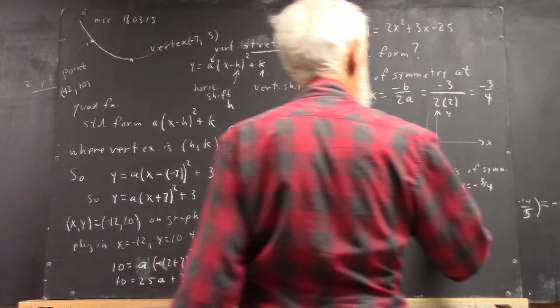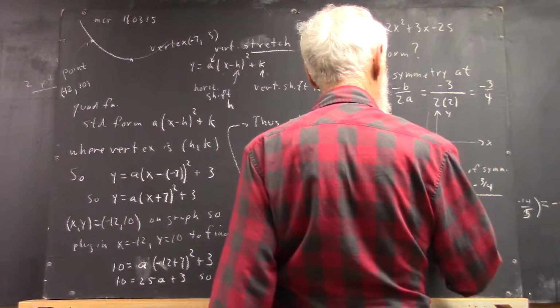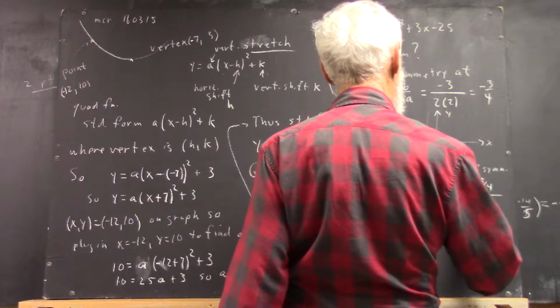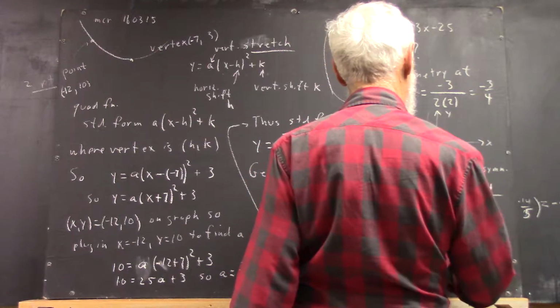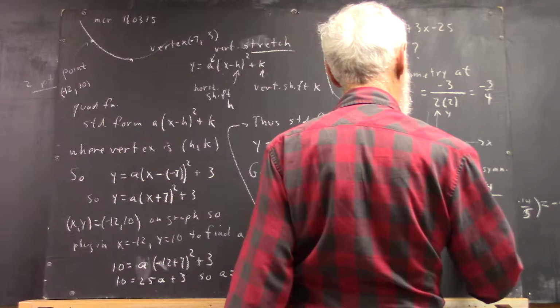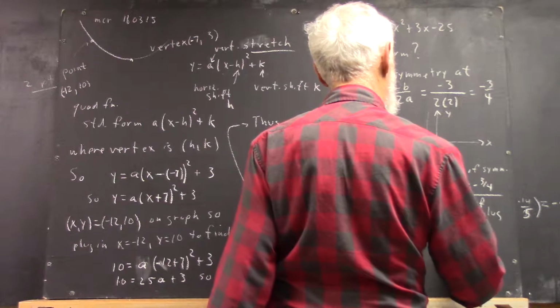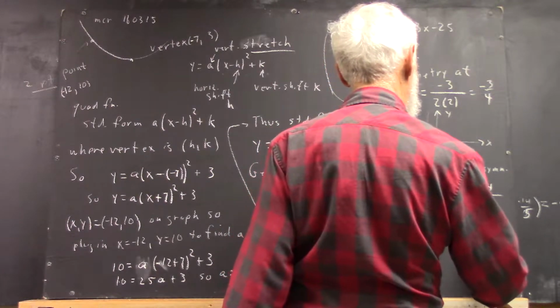Well, again, review what we did last time. To get the y-coordinate of the vertex, you plug in x equals negative 3/4.